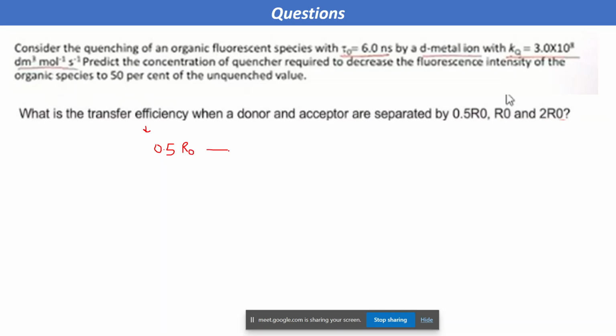So which formula will we use to solve it? I think we have discussed in the previous session the energy transfer efficiency. So which formula will we apply here?